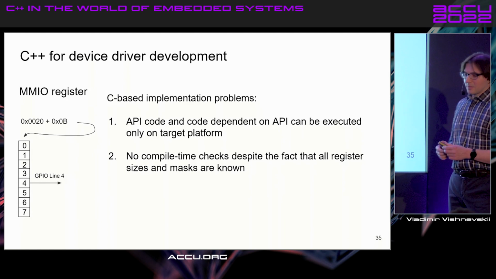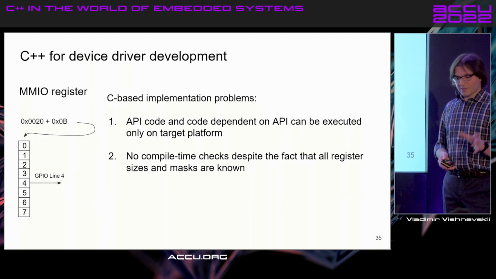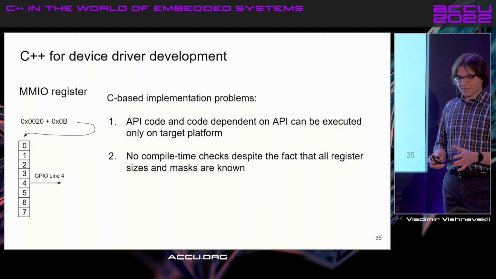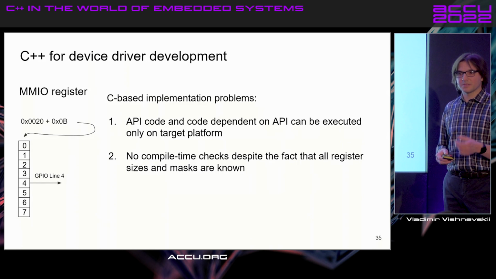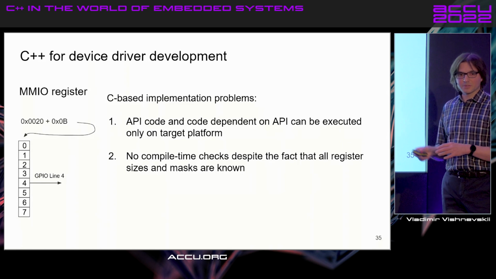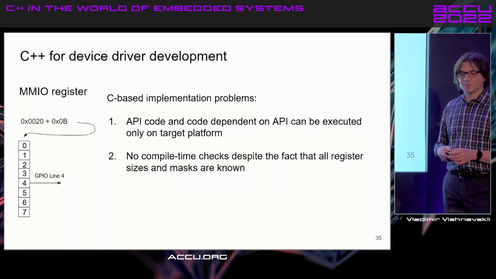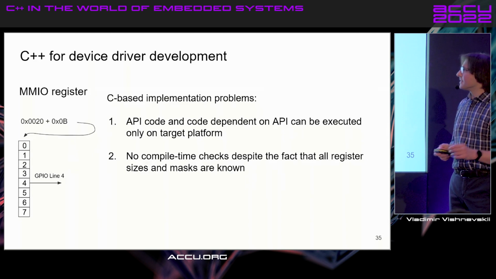At the same time, we see that there's work with addresses, there are some bit operations, and it would be nice to have some compile time checks, so that when we make a mask and try to put it into some register that is 4 bits long, this mask is at least 4 bits long as well and doesn't exceed this limit.